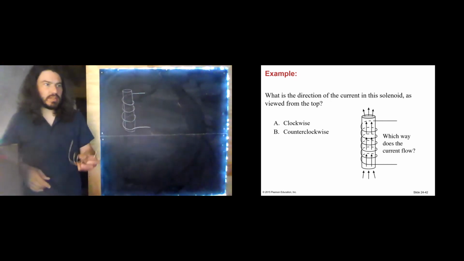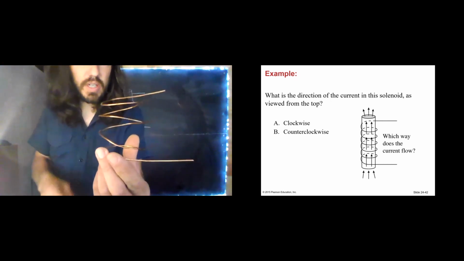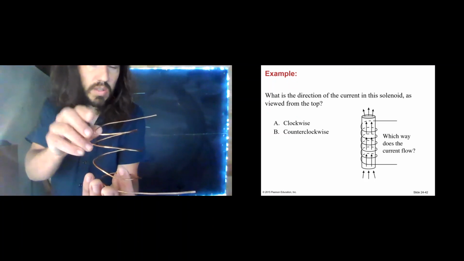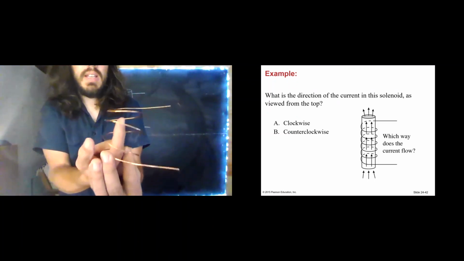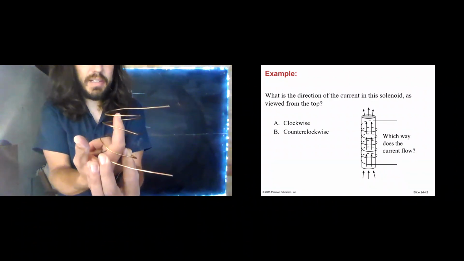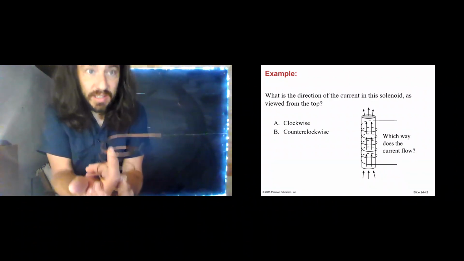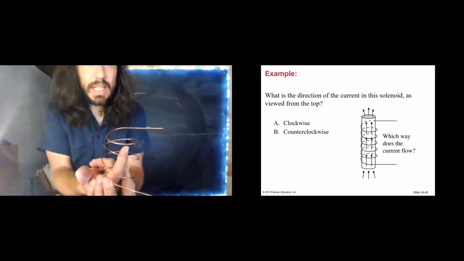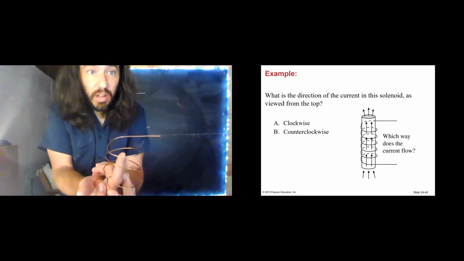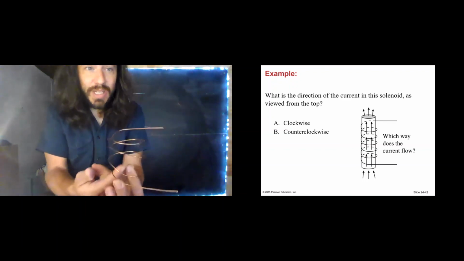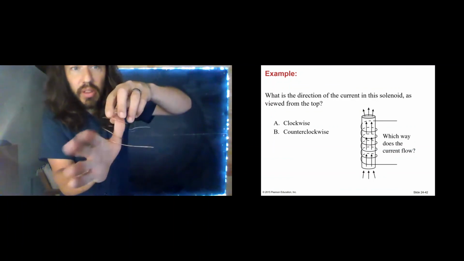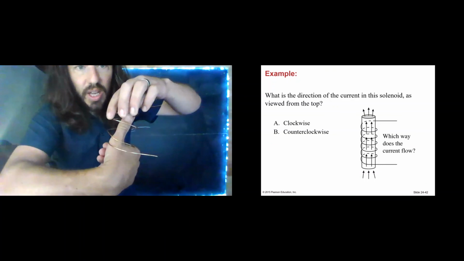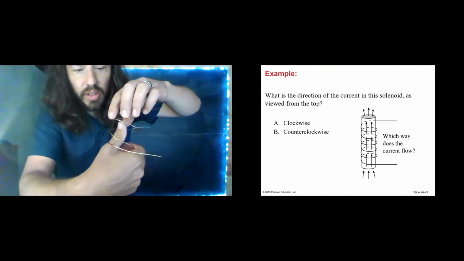Okay, so here I've drawn my solenoid there, and here I have constructed a model. And so this is what our solenoid looks like, and it tells us that the magnetic field is coming up on the inside. And so I would suggest that this is a great chance to use right-hand rule number 1, the alternative version, because we know that the field on the inside is going up, and so we simply curl the fingers of our right hand in the direction that the current is going around the loop.